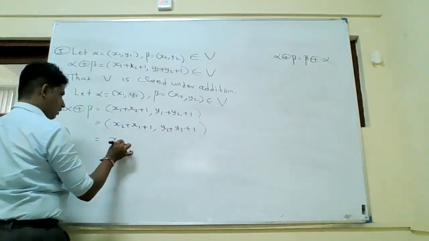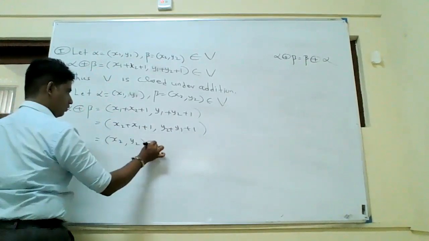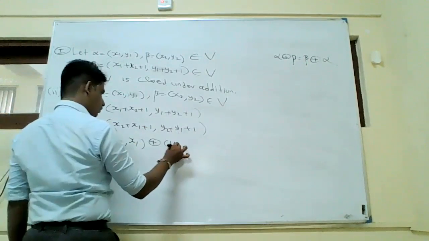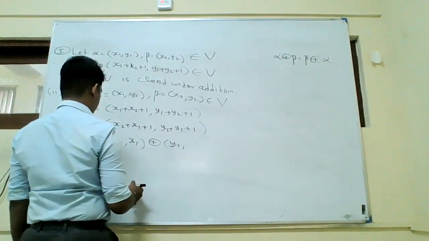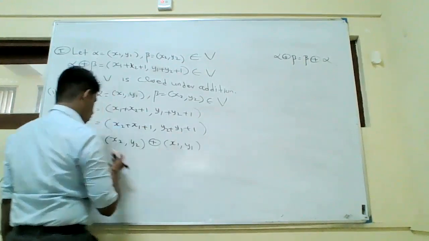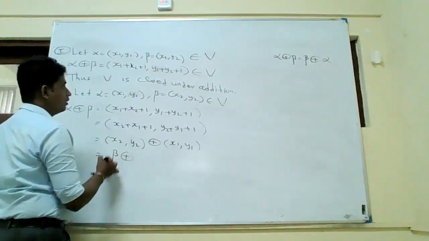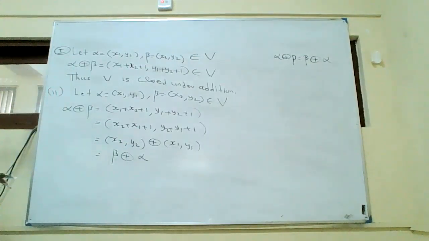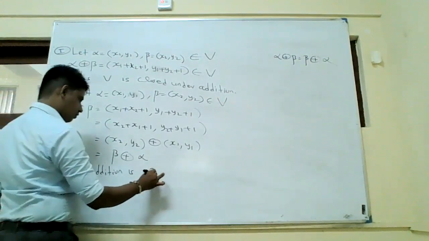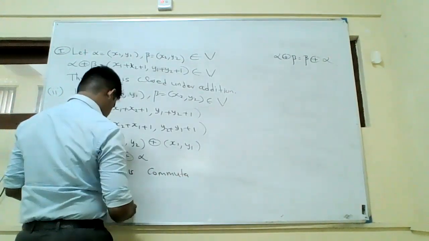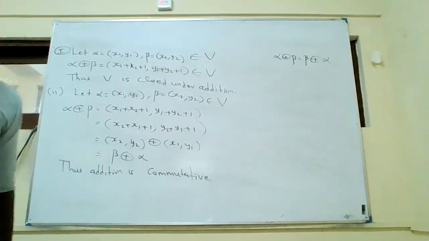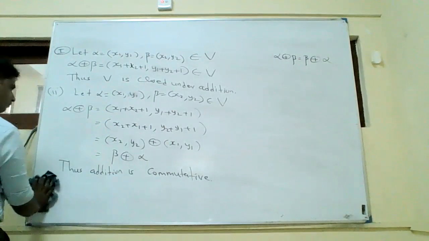So this is your beta plus alpha. Thus this addition is commutative.